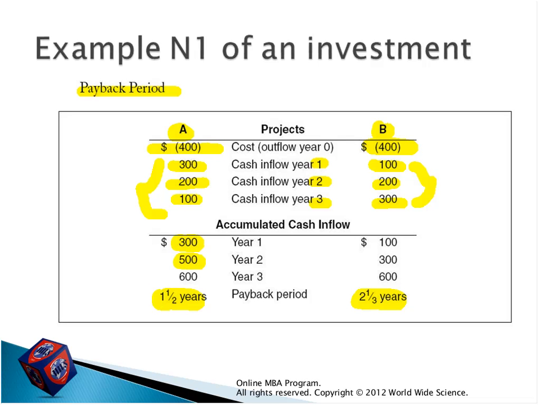This is the calculation. Let me show you in the charts because it wasn't given here. You have 100, which is the amount you need to complete your investment, and you will divide it by the 200 of investment which you have in the second year.